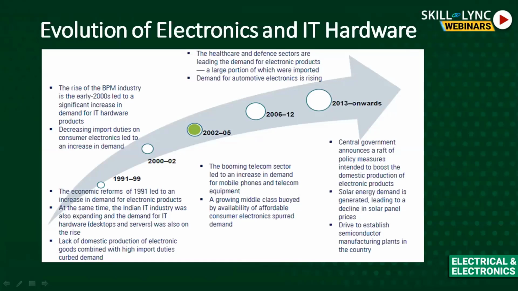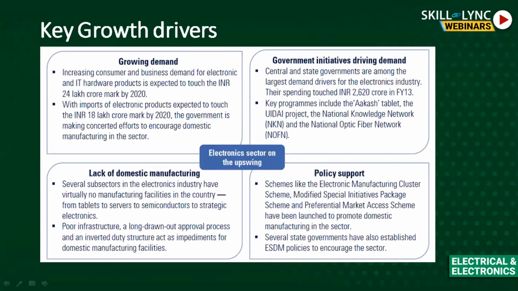And then here we see what are the factors which are responsible for the boom in the electronic industry in India. One of the main reasons is the growing demand, because our population base is so huge that we need to first fulfill our need itself, which we are currently doing via import.